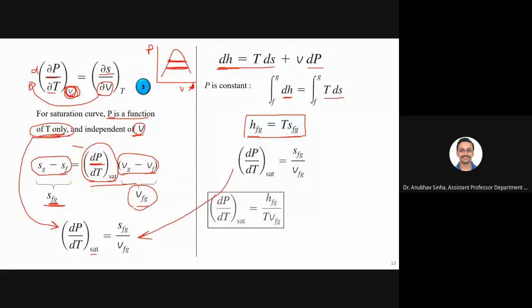Now if you combine these two, dP by dT, which is the LHS, is equal to SFG, and instead of SFG I write H by T, so I will get this form.